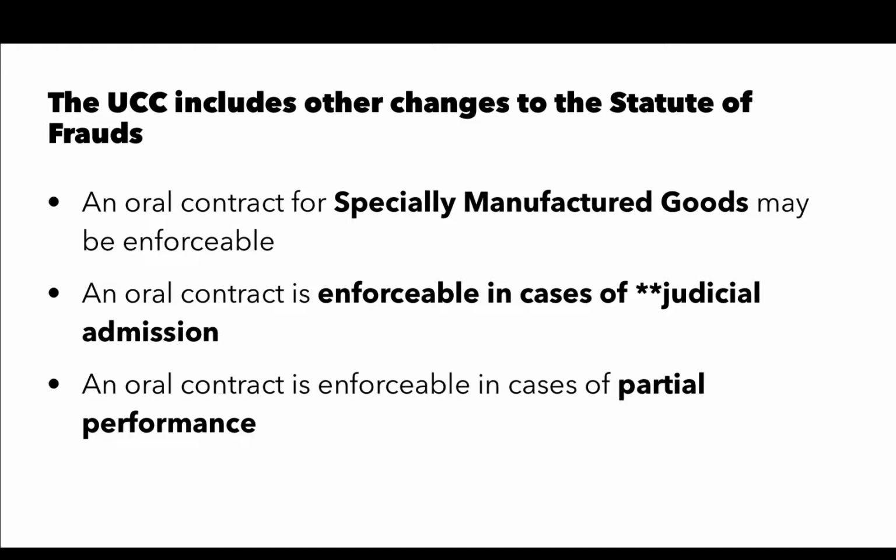And finally, an oral contract is enforceable in cases of partial performance. If a party has partially performed under an oral agreement, that may be enough to hold them to full performance of the contract. So those are some exceptions to the exception, really, the Statute of Frauds exception.